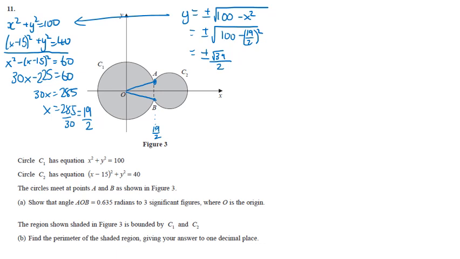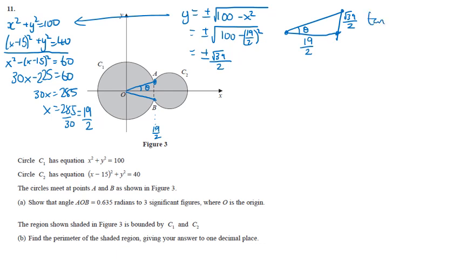Let's split this angle in half, so we can say that angle theta there. This side is root 39 over 2 from the x-axis up to A, and the distance along the adjacent side is just the value of x, so that's 19 over 2.